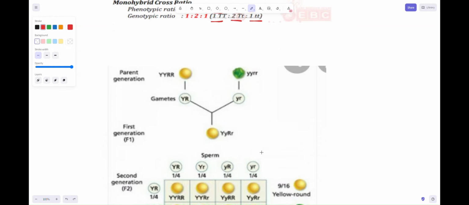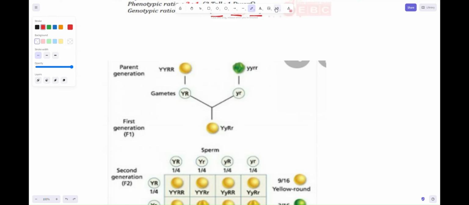In dihybrid cross, two pairs of contrasting characters are taken. What are the two pairs of contrasting characters here? One is color of seed. Two different traits are there for color of the seed: one is yellow, denoted by capital Y, and another one is green, denoted by small y.